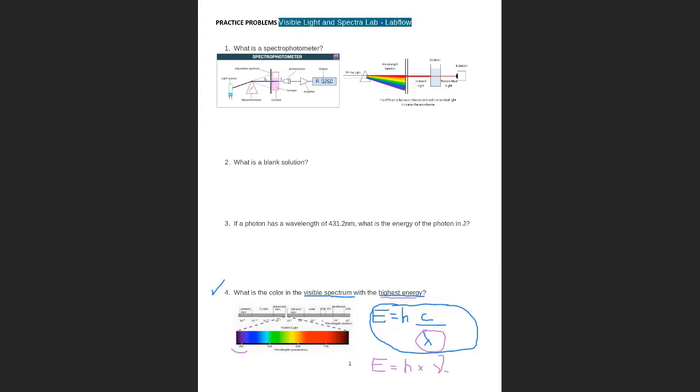And also because frequency equals the speed of light divided by the wavelength, we know that a higher energy is a higher frequency. They go together.